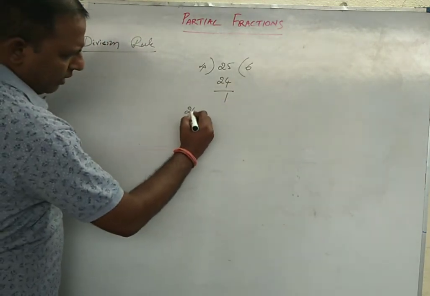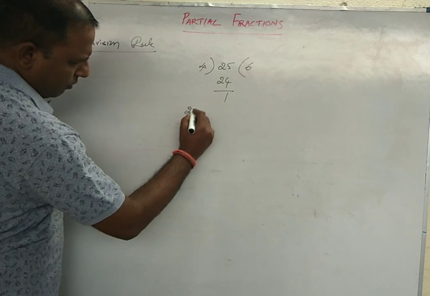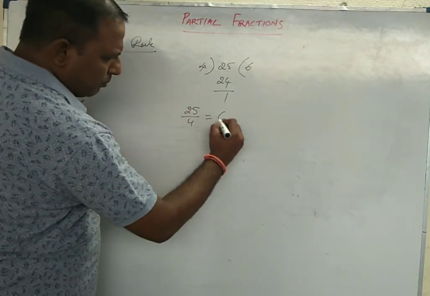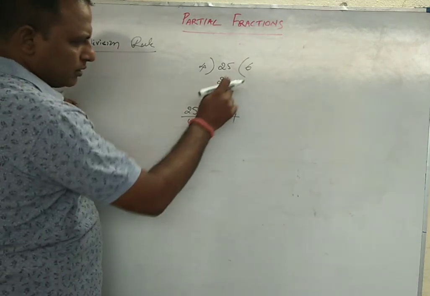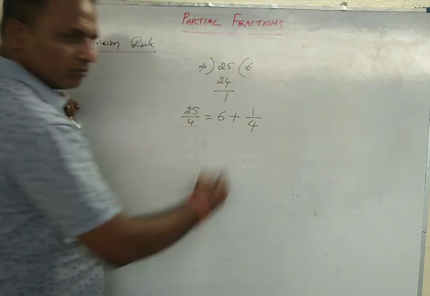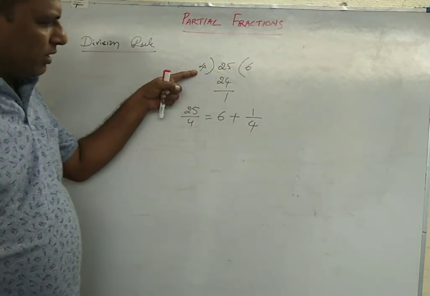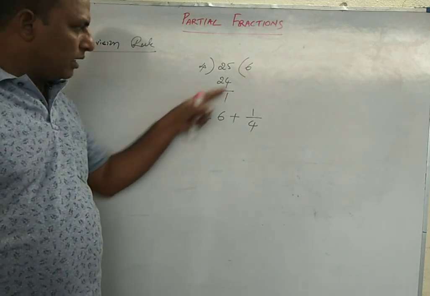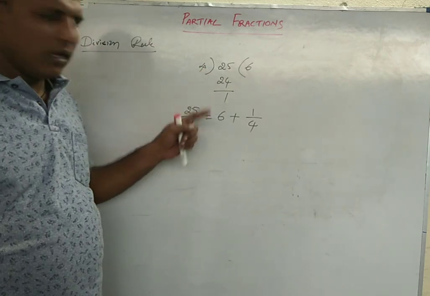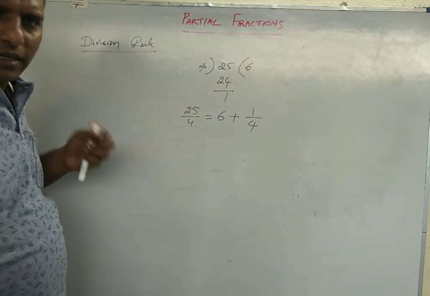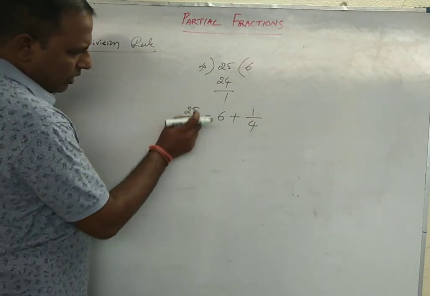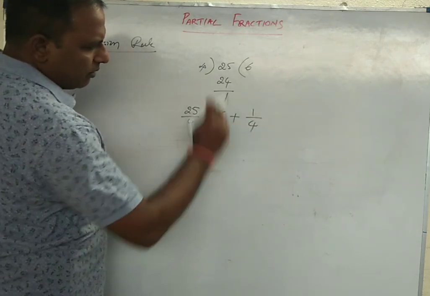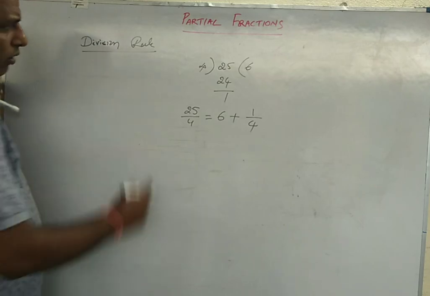So 25 by 4 can be written as 6 plus 1 by 4. We call it the remainder theorem, isn't it? So dividend by divisor is equal to quotient plus remainder by divisor.